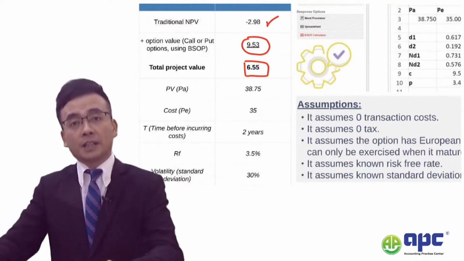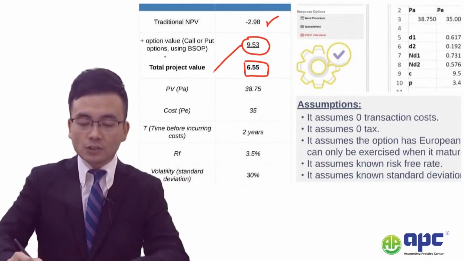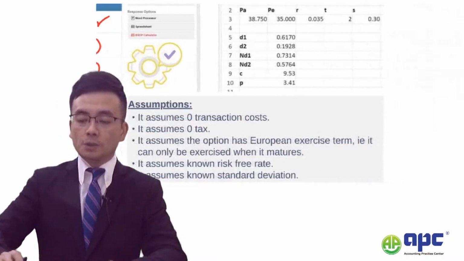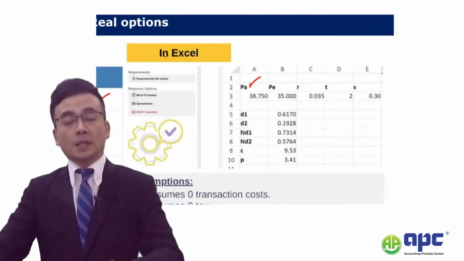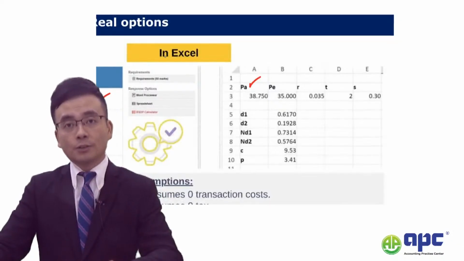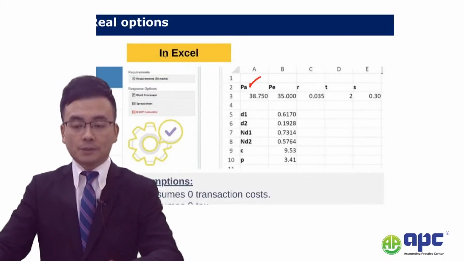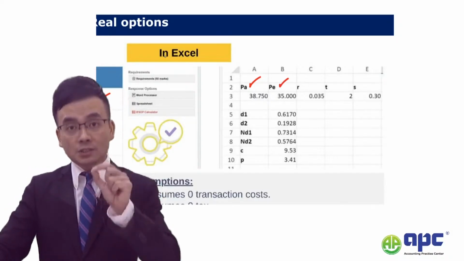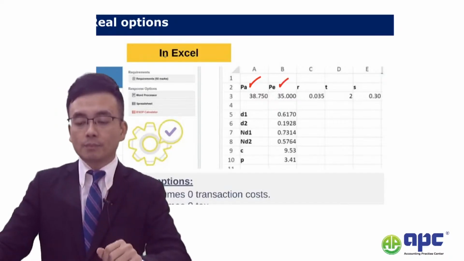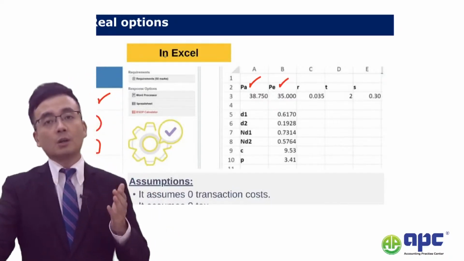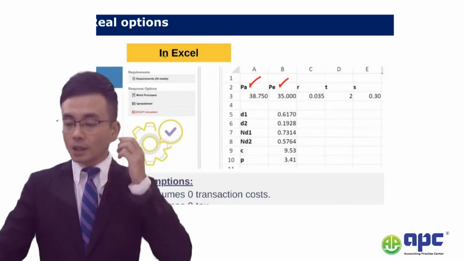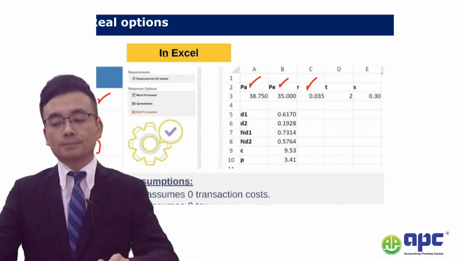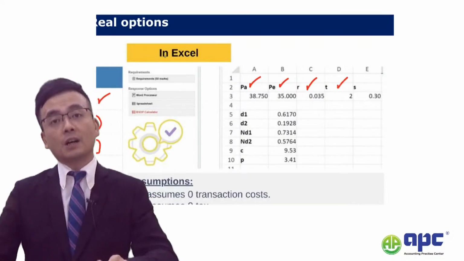But in order to calculate the option value, we will need to slot in the variables, including, for example, the PA, which means the future cash flows, excluding that investment. PA is just the investment related solely to this project. Any sort of sunk costs will not be considered. And also we've got the risk-free rate and the time before we start this project.